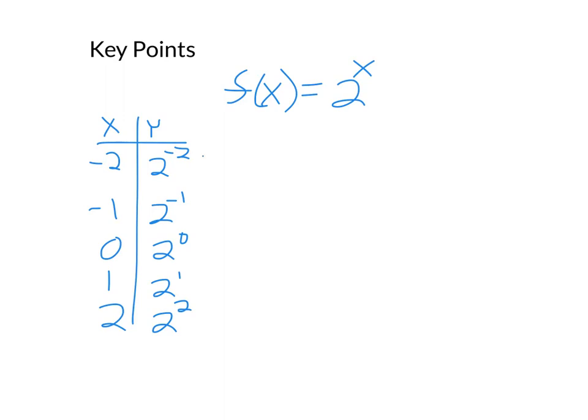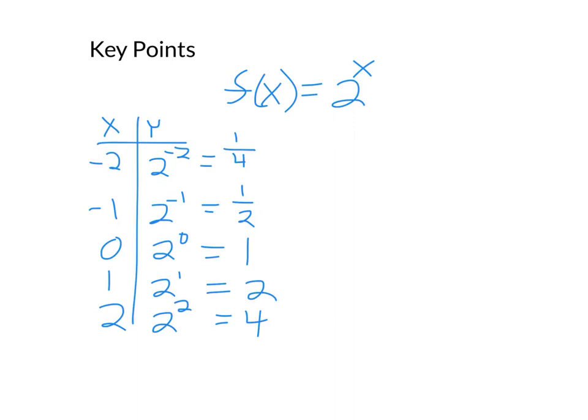Okay, so we'll apply our rules for negative exponents. That's going to put us at 1 over 2 to the power of 2, which is 1 over 4. Next we'll see 1 over 2 to the power of 1, which is 1 over 2. The rule for a 0 exponent is that 2 to the power of 0 is 1. 2 to the power of 1 is 2, and 2 to the power of 2 is 4.